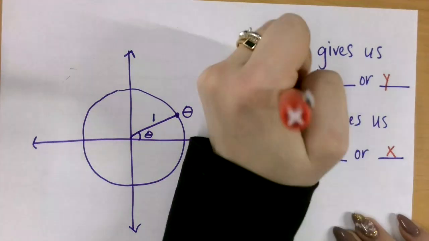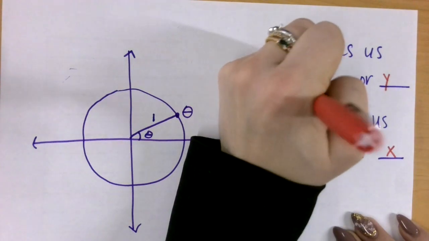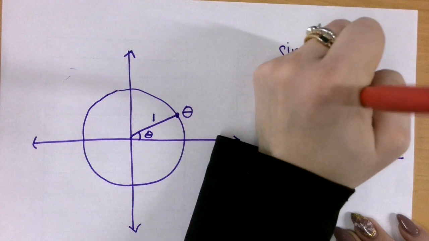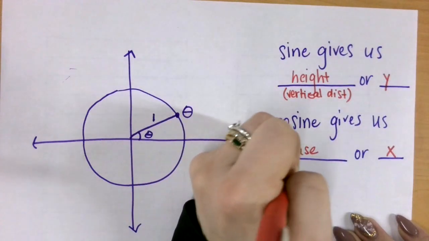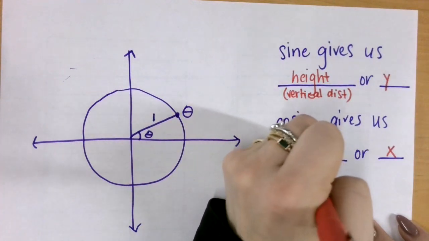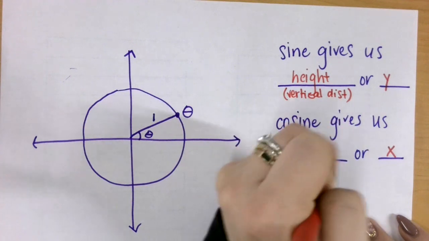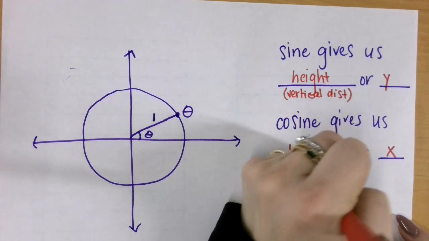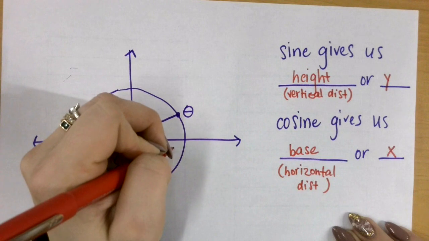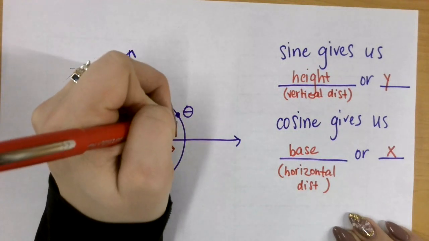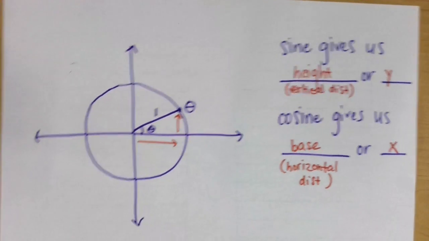You might see this as vertical distance and this as horizontal distance, which again, our horizontal distance to that point, and then our vertical distance to that point, okay?